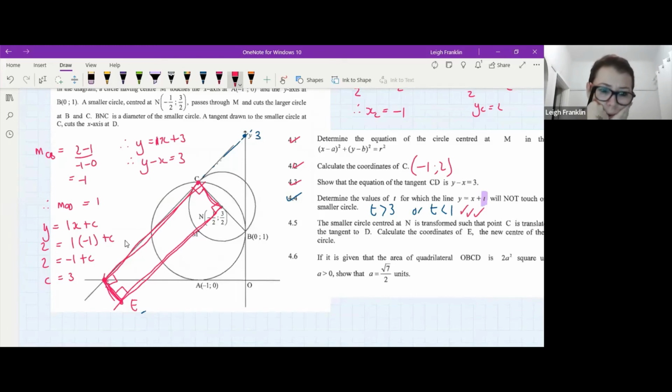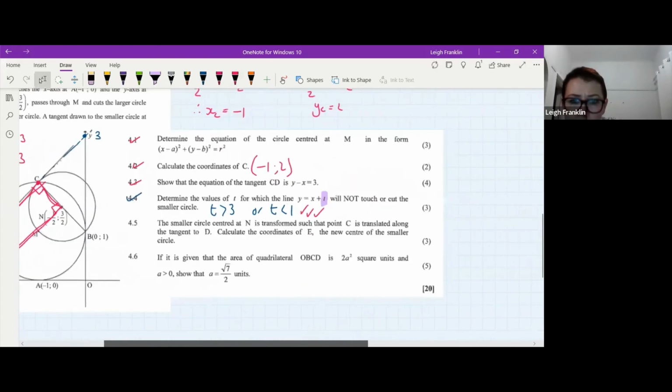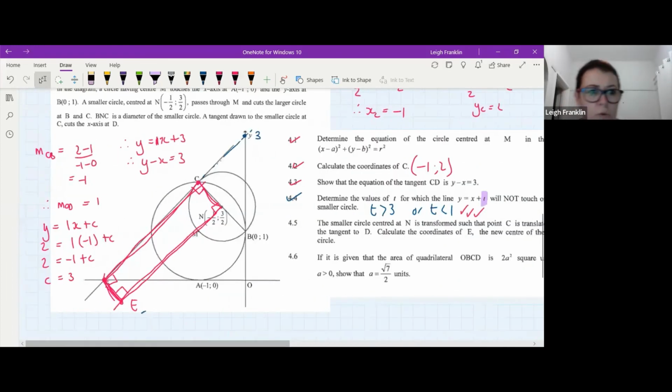Okay. Because we are, do we know the coordinates at D? No, we know the coordinates at C though. Ma'am, can't we find the coordinates of D first before doing all of this?